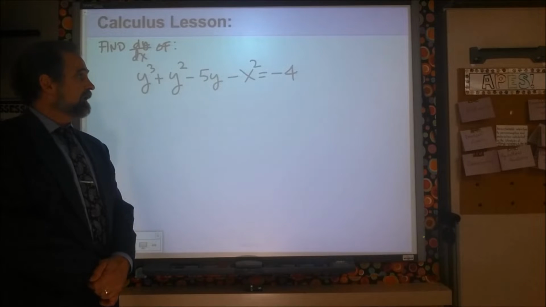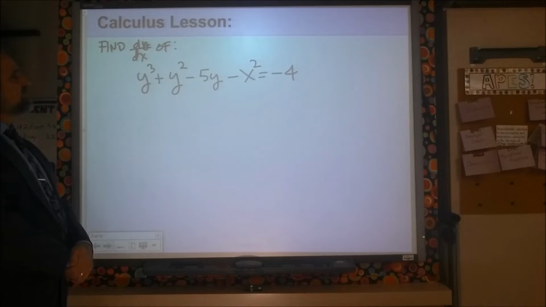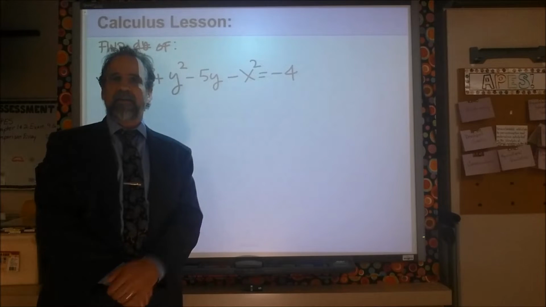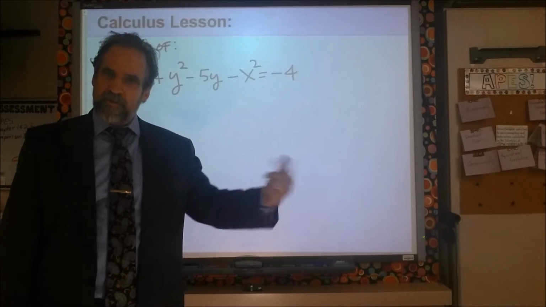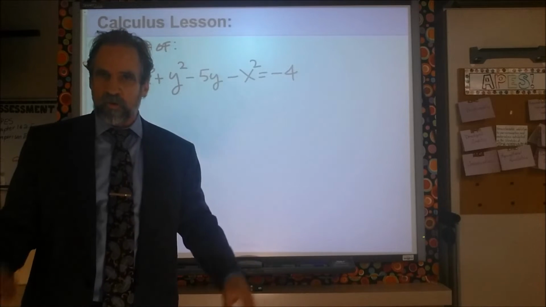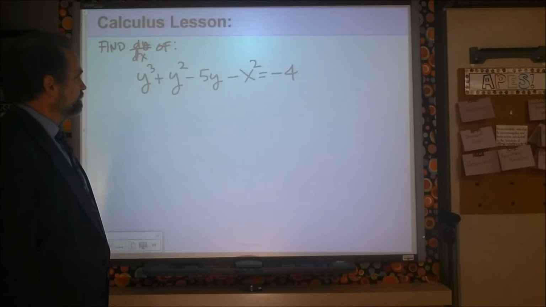All right, welcome back. Now, this is not so easy as to just solve for y. Sometimes I could just solve for y, and if I can get it into y equals whatever, I can use explicit differentiation. Maybe in the next example I'll show you one that works both ways. But this one I can't just solve for y easily.